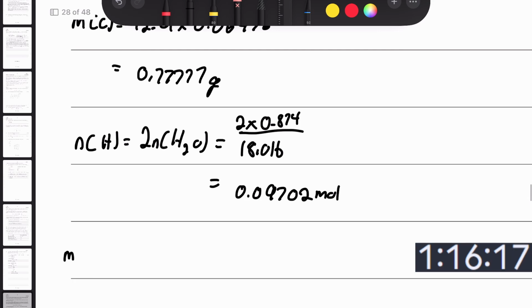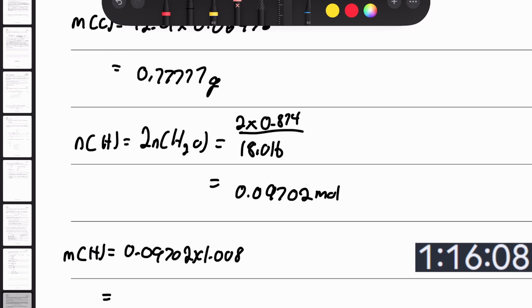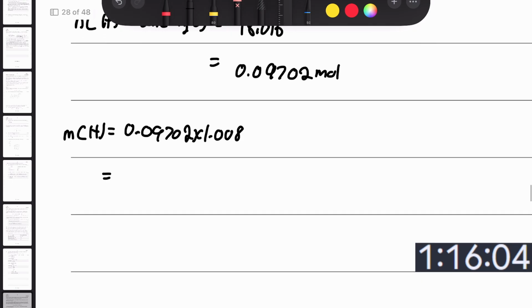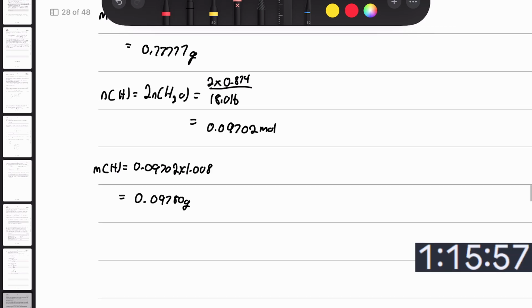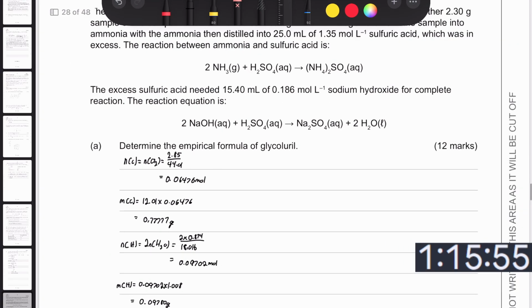And the mass of hydrogen is equal to 0.09702 times 1.008, 2 times 1.008, which is 0.0978 grams. Okay.